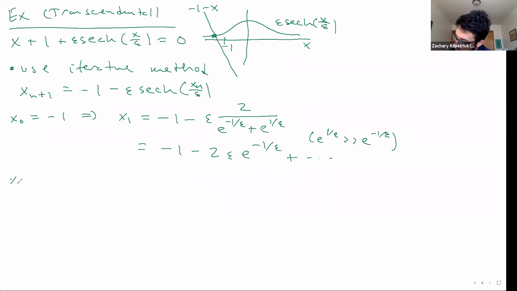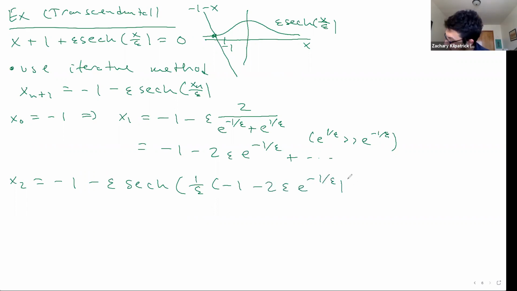The next step then would be taking x2 to be -1 minus epsilon hyperbolic secant of 1 over epsilon times -1 minus 2 epsilon e to the -1 over epsilon. And I see that I'm over time.